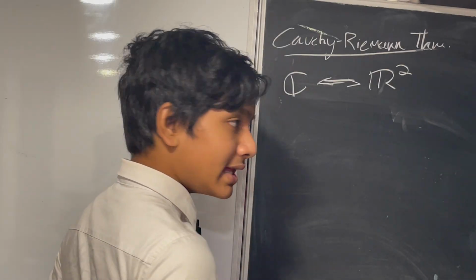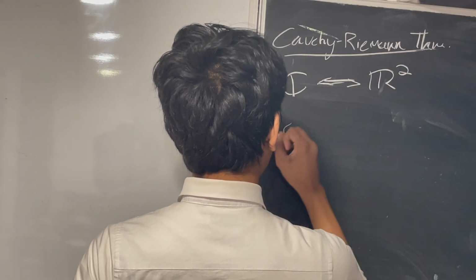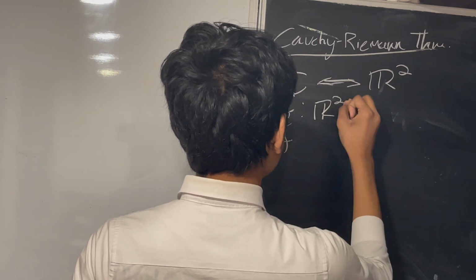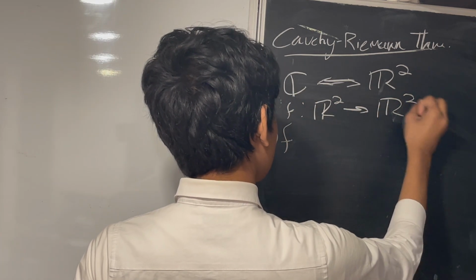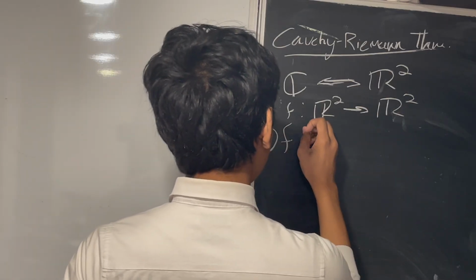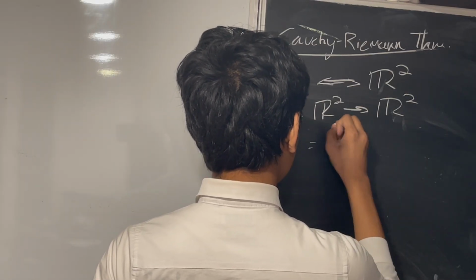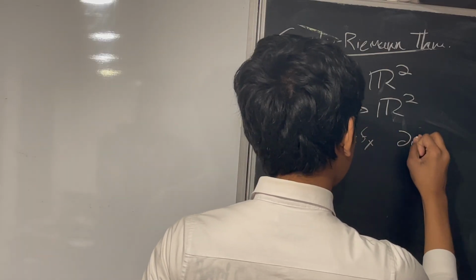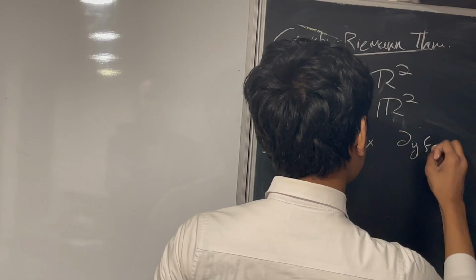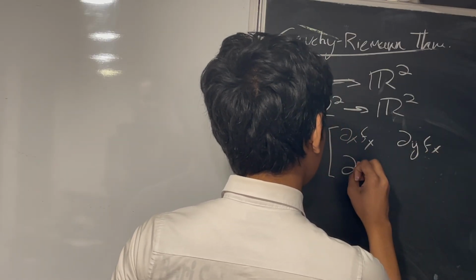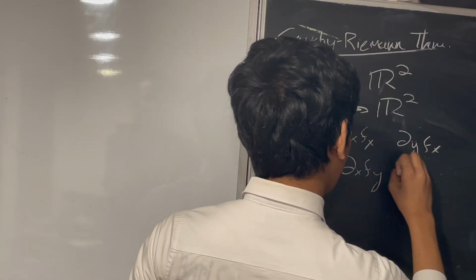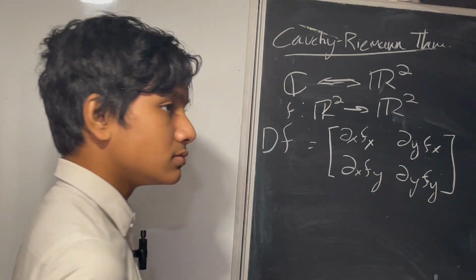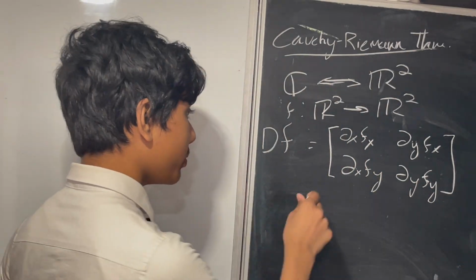And we also know that any function from R2 to R2 has a Jacobian. df is equal to the matrix partial x fx, partial y fx, partial x fy, partial y fy. So this is the Jacobian.